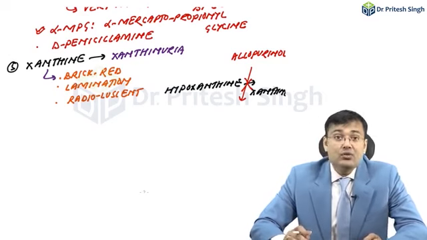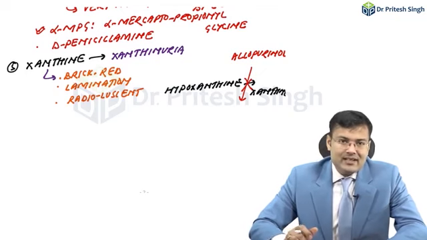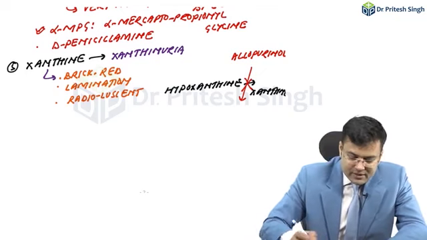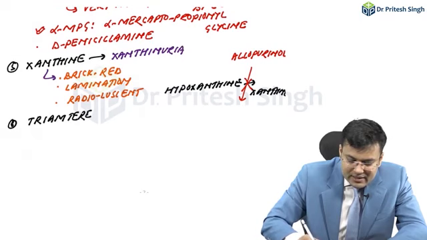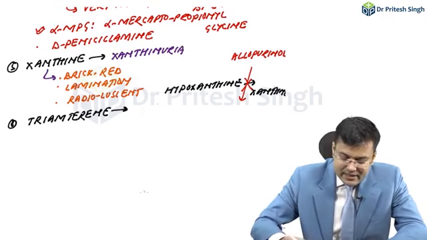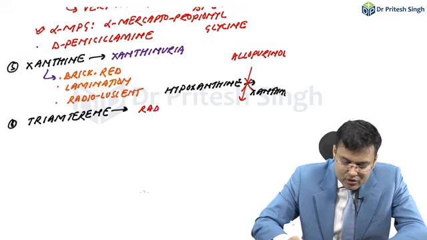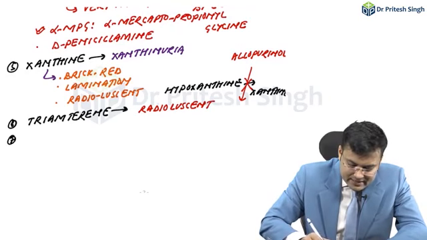After that, in pharma, in medicine, in surgery, questions are asked which are related to medicines or drugs which increase the incidence of stone. First, triamterene. Excessive use of triamterene, which is a potassium sparing diuretic, can lead to radiolucent stone. Next is indinavir.